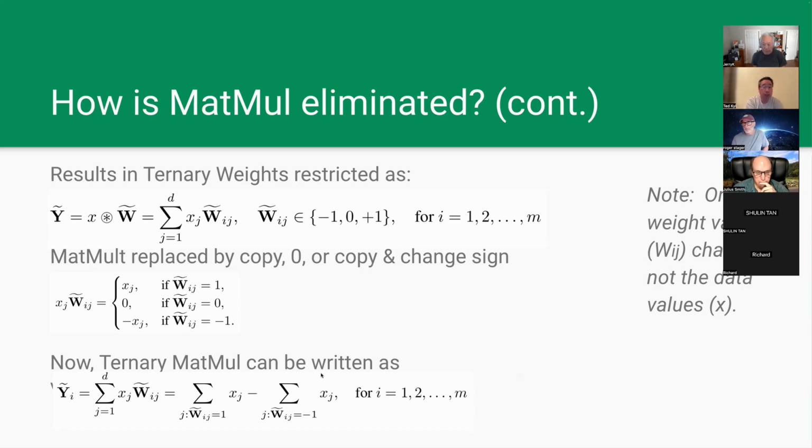So this means that you only have either X sub j, which is just copying the floating point number, or negative X sub j, which is flipping 1 bit, the sign bit. Those are both very cheap operations. Even so, because you're summing over all j values from 1 to m, you still need to do a bunch of floating point additions or subtractions.